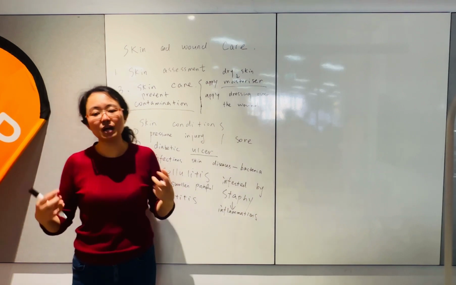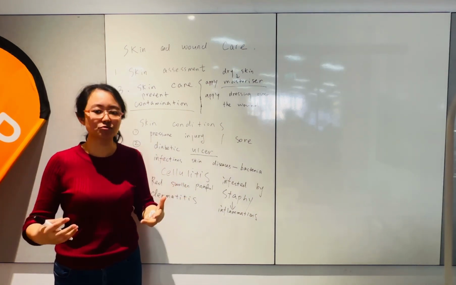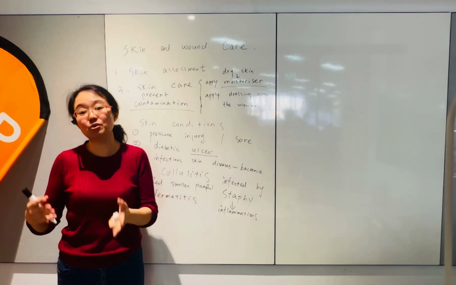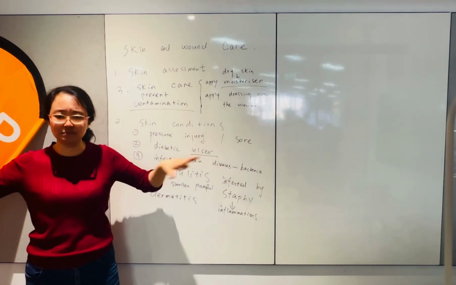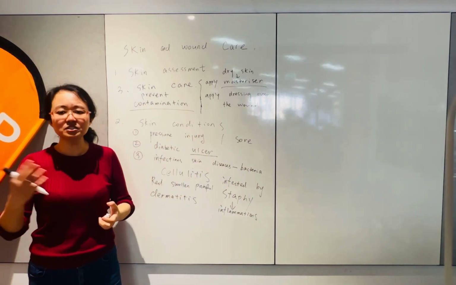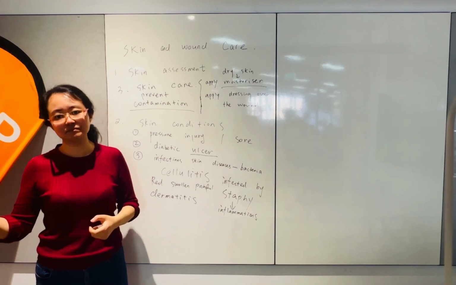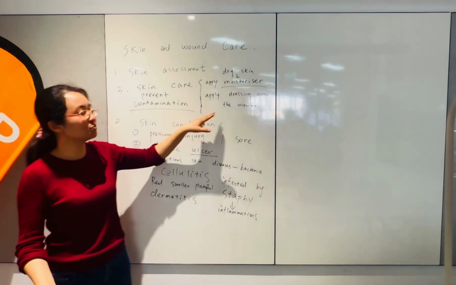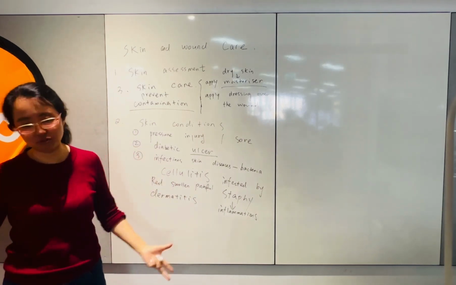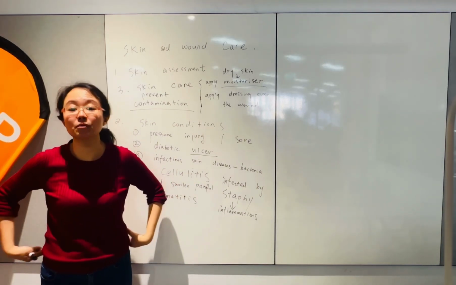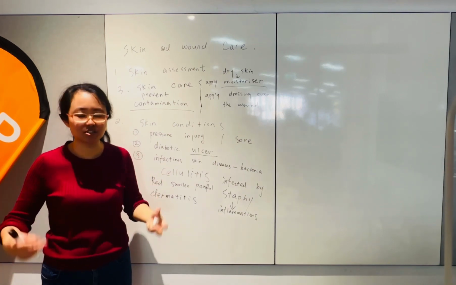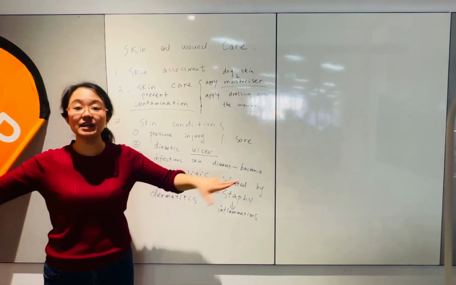So you have to let the patient move every 2 hours. For a patient who is bedbound, reposition the patient at least every 2 hours to prevent any pressure injury. You can also put a cushion underneath the bottom if there's pressure injury, or use an air mattress.